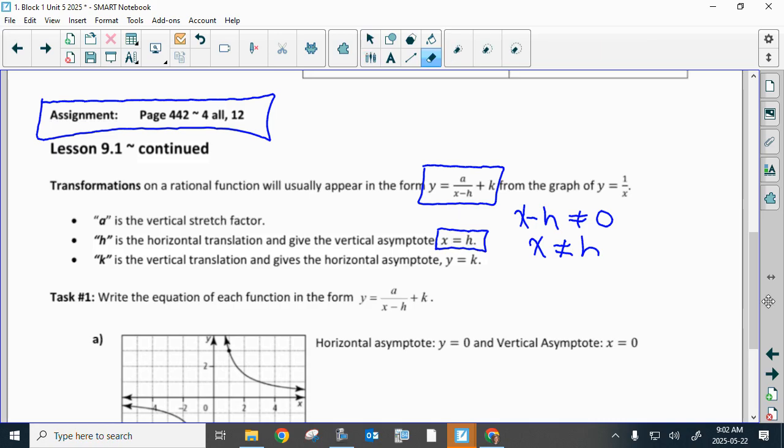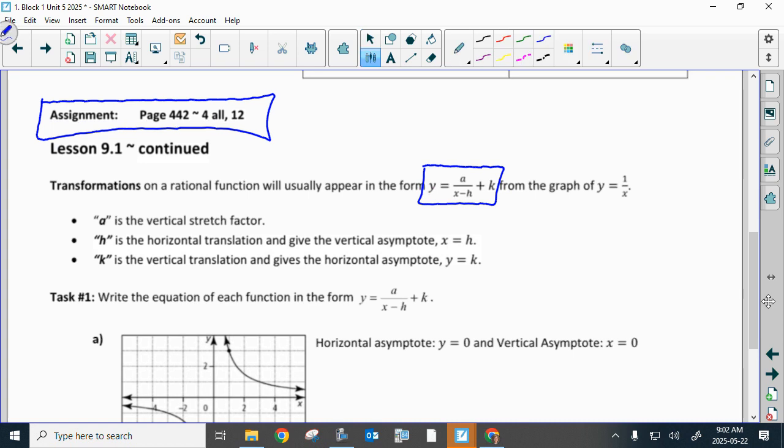I don't like seeing a function in transformation form because I really love seeing polynomial over polynomial, okay? So if you were given this, y is equal to 3 over x minus 2 plus 5, and you were asked to work with this function, it was so easy for us to graph those other functions.